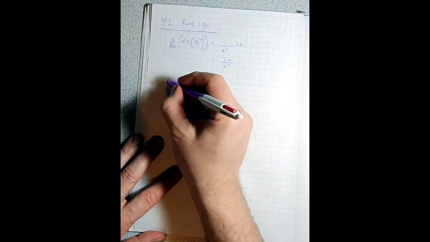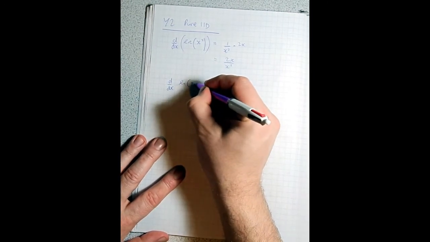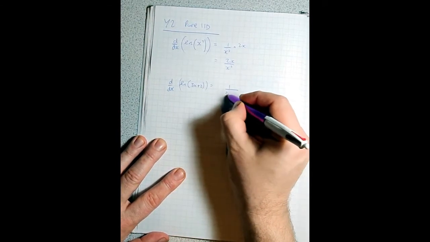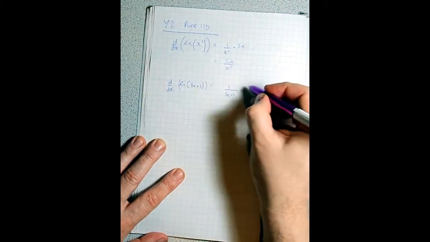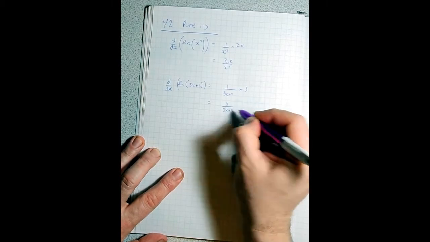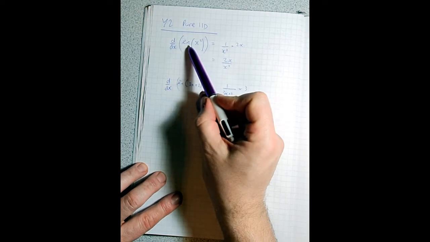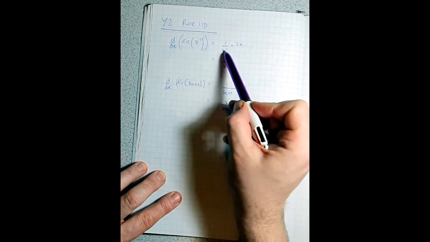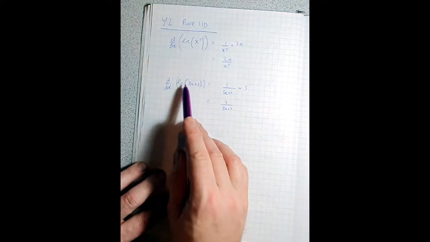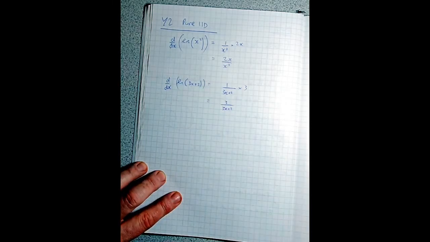Let's try something else. Let's try the derivative of the log of 3x plus 2. Well, 1 over 3x plus 2 multiplied by the derivative of the bracket. And I'm sure you can see, using the chain rule, the derivative of the log of a function equals that function with its derivative on top of the fraction. So the log of a function is 1 over that function times by its derivative.